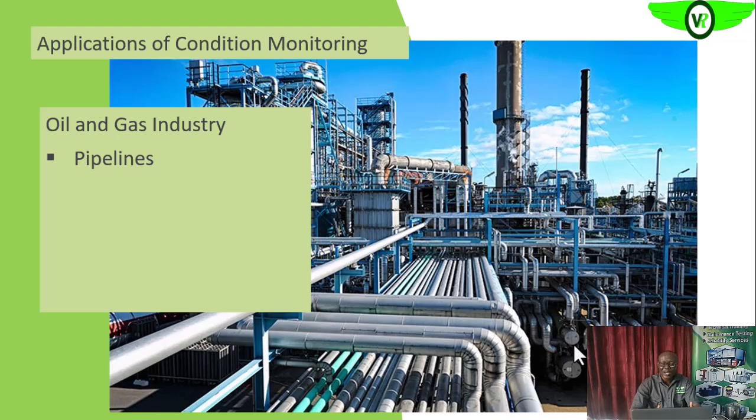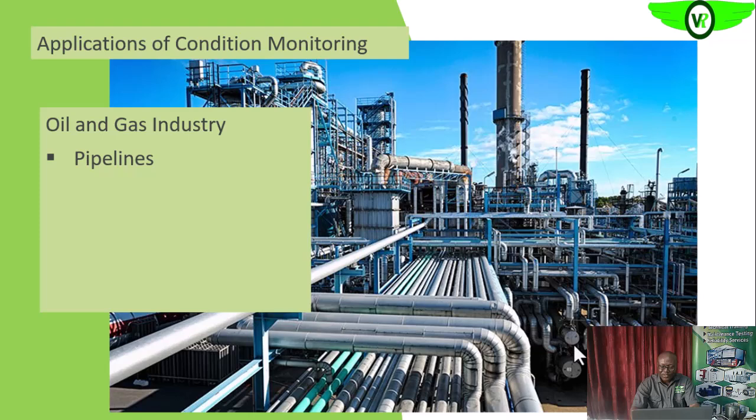Then we can also monitor the heat exchanger, where two fluids are allowed to transfer heat between themselves without coming in contact with each other. So monitoring the presence of one in the other will help us know the condition of the heat exchanger component or fluid or tubes, I need to say.